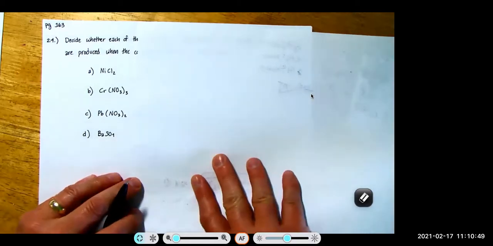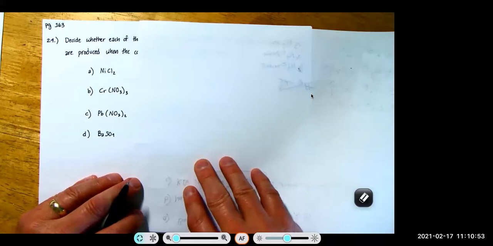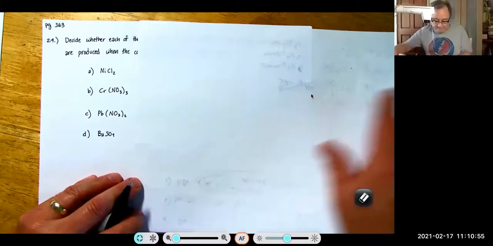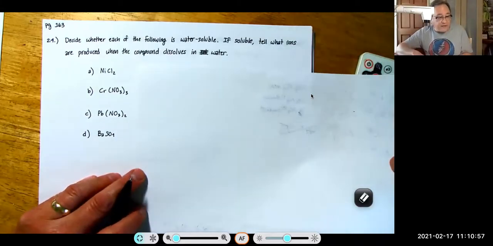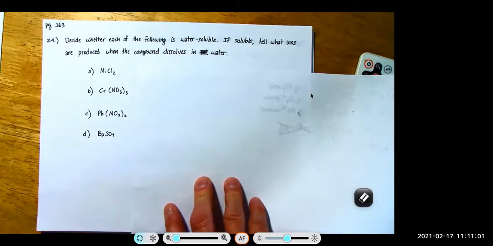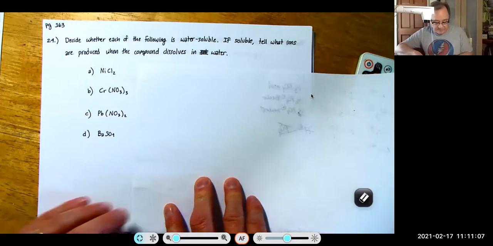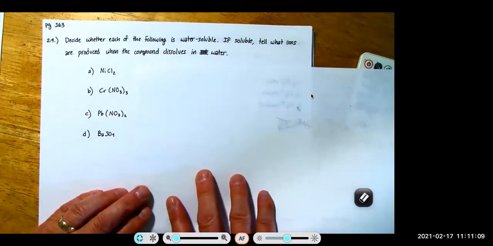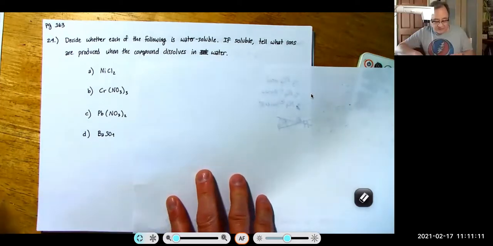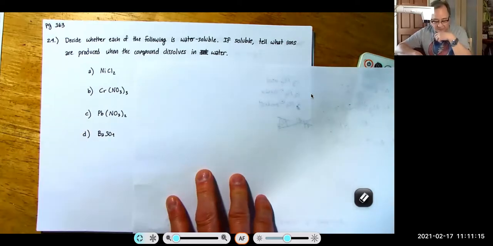And then the sulfate is because it's with barium. Is what? Soluble? No, sulfates are soluble generally, unless with barium or strontium or lead 2 and so forth. So sulfates are generally soluble, and you have to try and remember the exceptions. Barium sulfate is not water soluble.